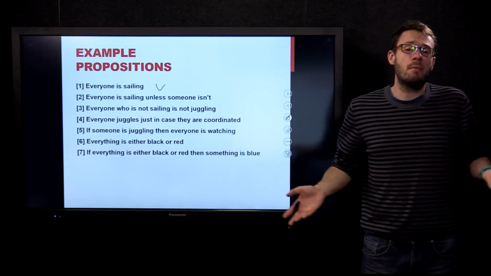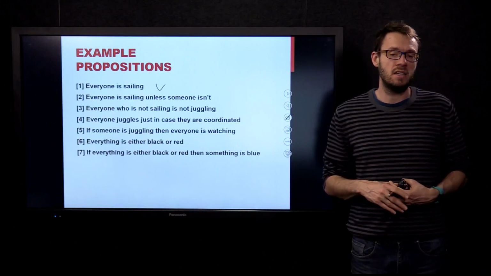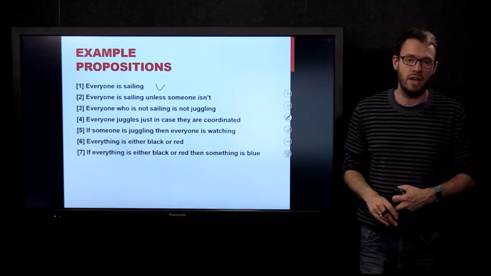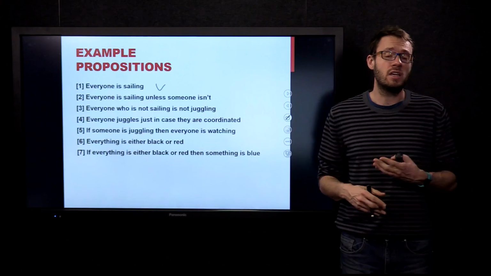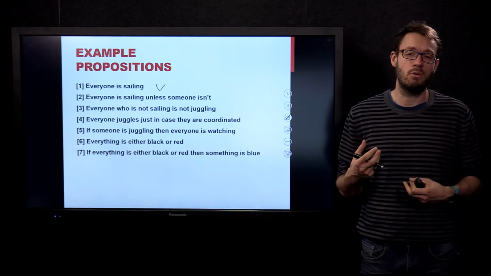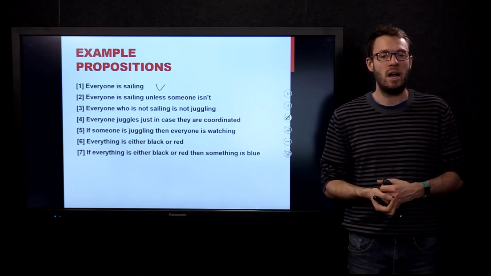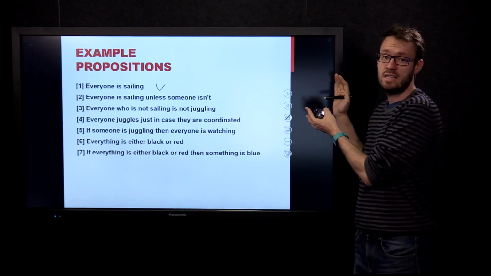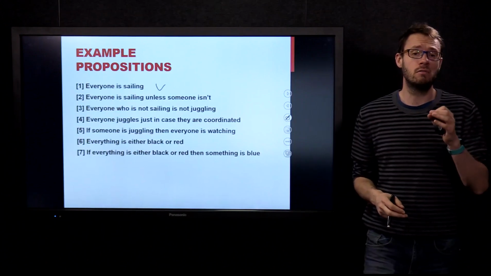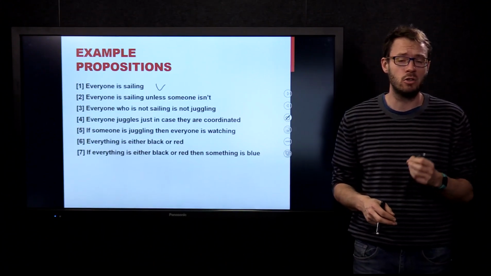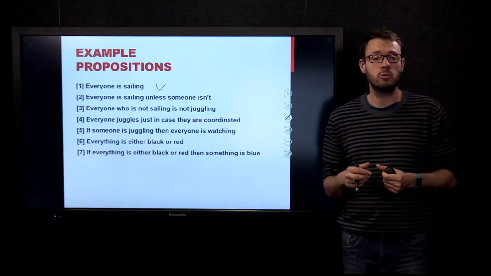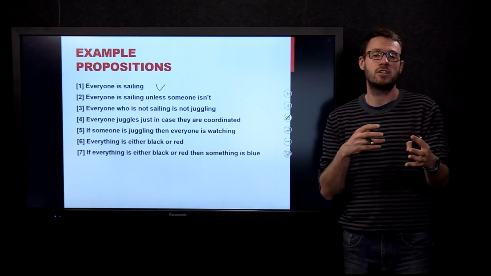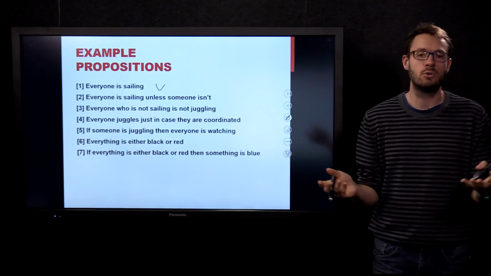Okay, so those are some examples of how to translate sentences in English using this monadic predicate logic. The language can get quite complicated and translation can be quite difficult, but at the end of the day, you're just doing the same thing that we're doing in these simple examples. You're looking at the moving parts of the sentence, looking for some of the logical structure, and then trying to translate those moving parts into a complete sentence.